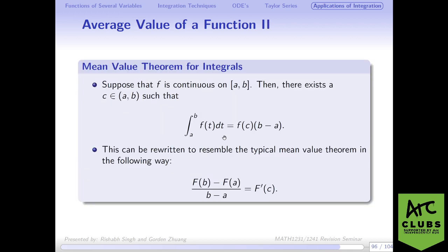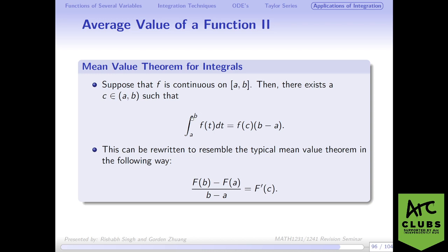And the mean value theorem for integrals is a version of the mean value theorem, but instead for integrals. So suppose we have some continuous function f, then when we integrate it from a to b, this integral will be equal to this function at c times b minus a, for some c inside the interval from a to b.